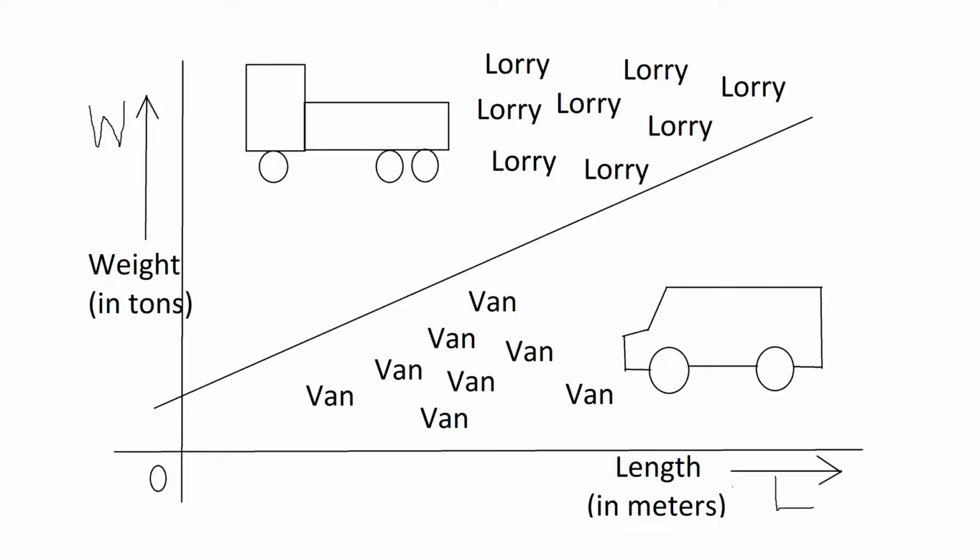This is a good, simple example. Based on the input features, length of the vehicle and weight of the vehicle, the perceptron has built a linear classification line which can separate vehicles, lorries and vans.